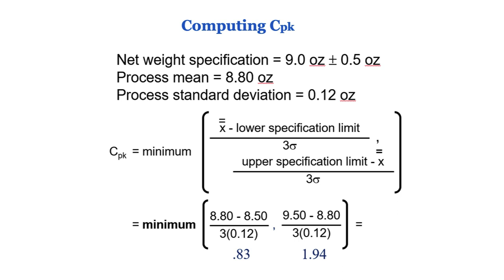It is the minimum between the upper specification limit minus the process mean divided by 3 times the process standard deviation, and the process mean minus the lower specification limit divided by 3 times the process standard deviation. So CPK is going to be whichever is lower.